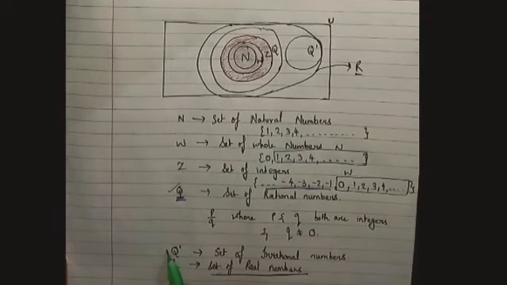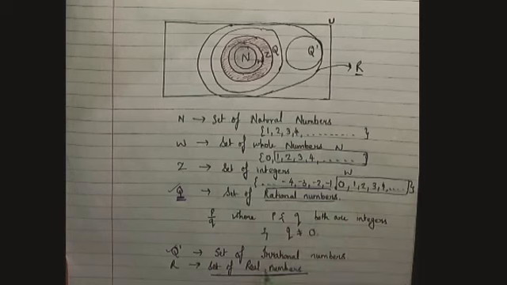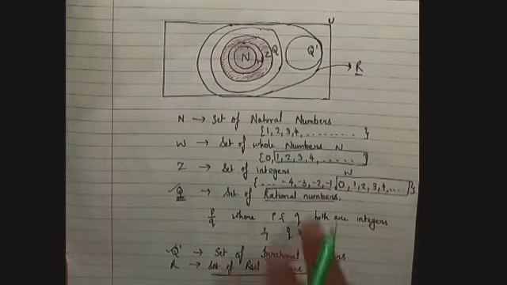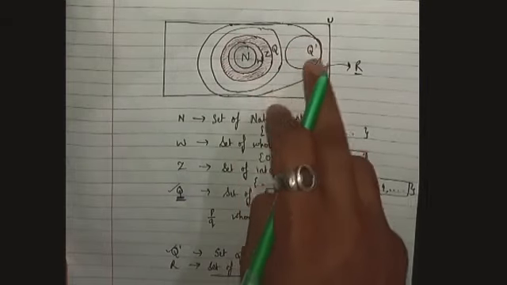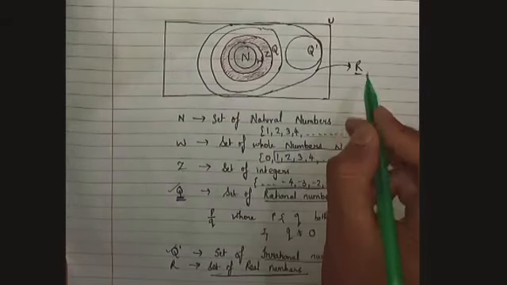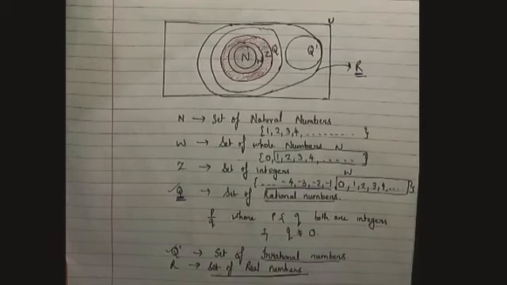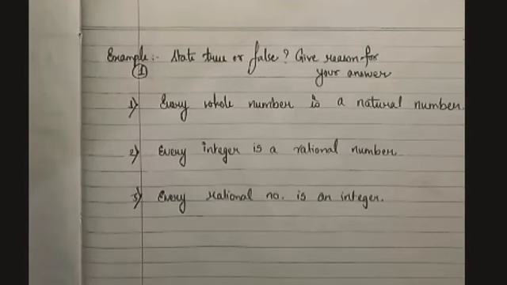And a set of numbers which contains rational numbers as well as irrational numbers is together called a set of real numbers. That means rational numbers as well as irrational numbers together are called R, that is, the set of real numbers.